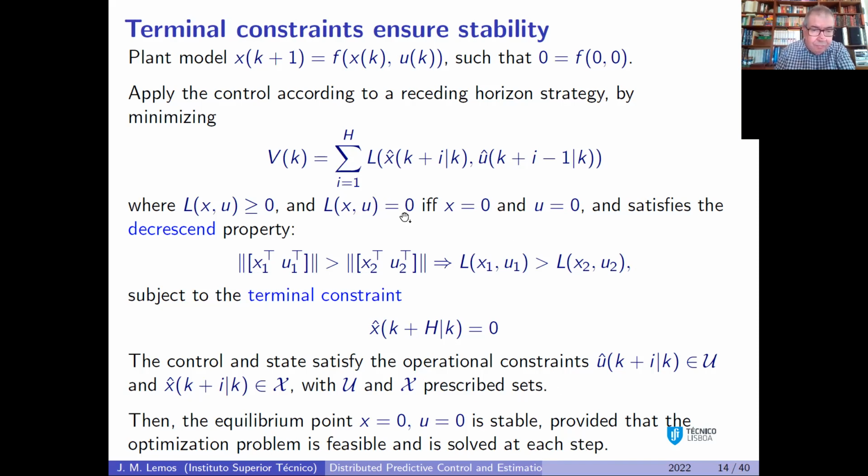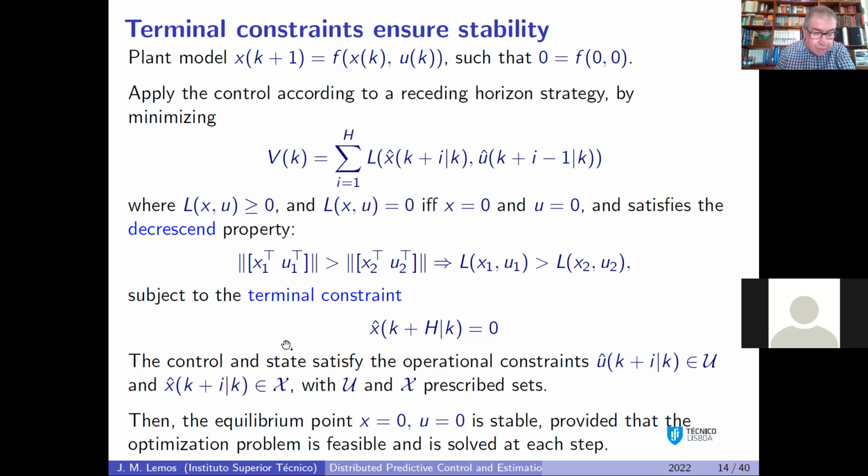Okay, so actually the result is quite simple. For a wide class of problems, we can take advantage of this terminal constraint and prove stability, which I'm going to do in a moment. One should, before doing that, be careful because feasibility, we don't have an easy way to find out whether the problem is feasible or not.